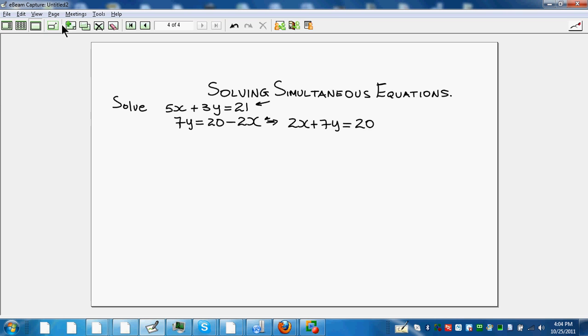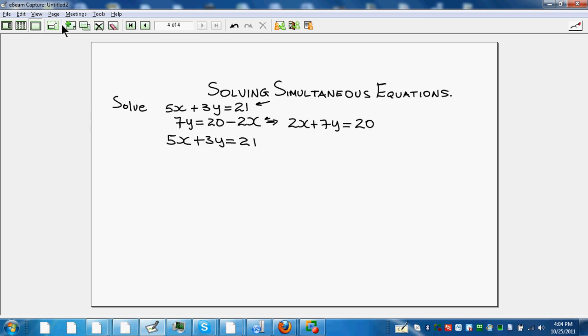And that is in the same form as the equation at the top, because they both start with a term in x followed by a term in y equal to a number. And that is our objective, to get both equations in the same format. So therefore, I could rewrite my equations like 5x plus 3y equal to 21.